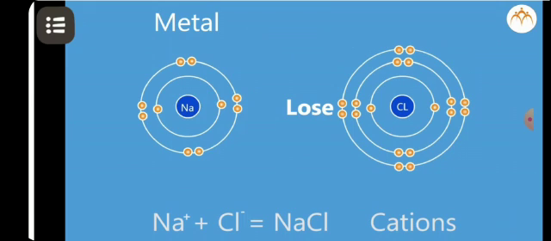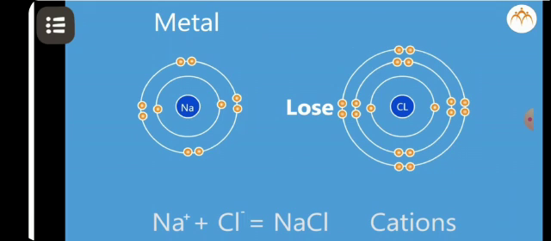So metals have tendency to lose electrons and they form positively charged ion called cation, and non-metals have tendency to accept the electrons and they acquire negative charge, and negatively charged ions are called anions. Is it clear to you?